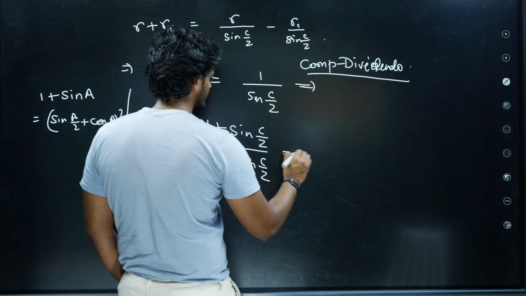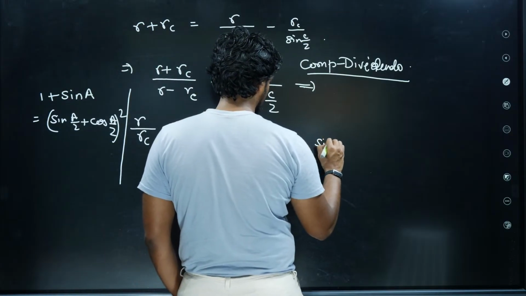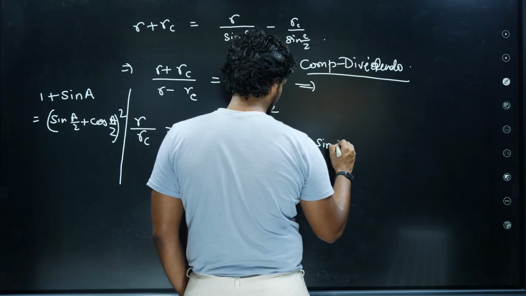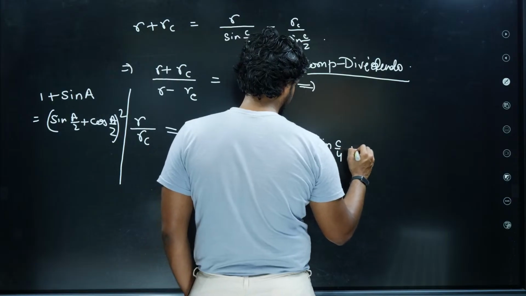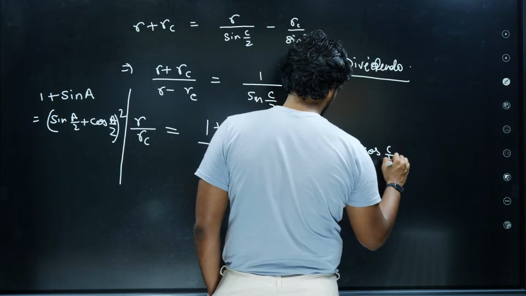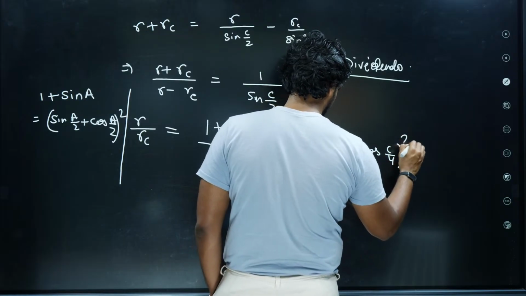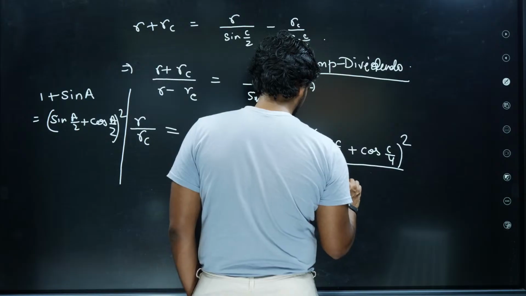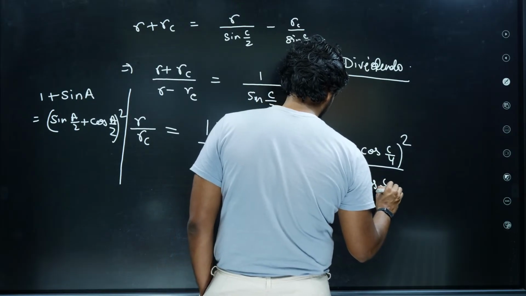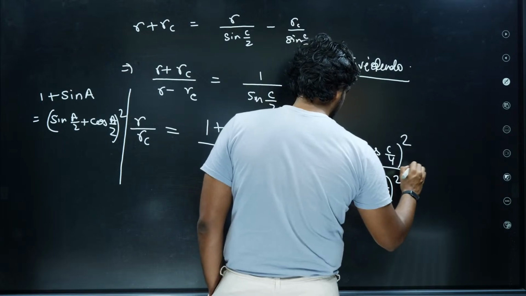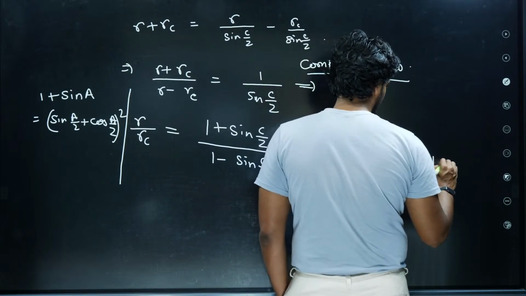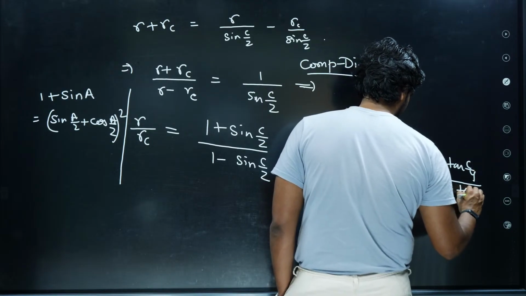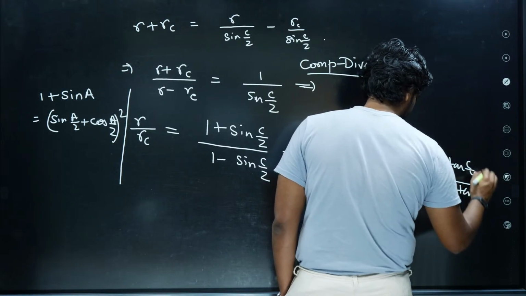So this is equal to sine C by 4 plus cos C by 4 whole square by sine C by 4 minus cos C by 4 whole square. In fact, this is 1 plus tan C by 4 by 1 minus tan C by 4 whole square.